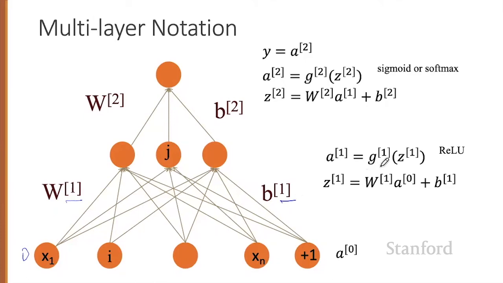And we'll use g to stand for the activation function, which will tend to be ReLU for intermediate layers, and softmax for output layers. We'll use a super i to mean the output from layer i, and z super i to mean the combination of weights and biases. The inputs we'll refer to more generally as a super 0. Thus, we can re-represent our 2-layer network with these equations on the right.